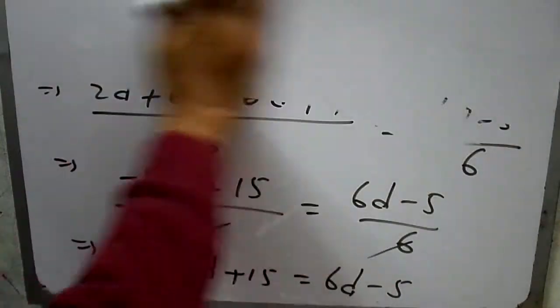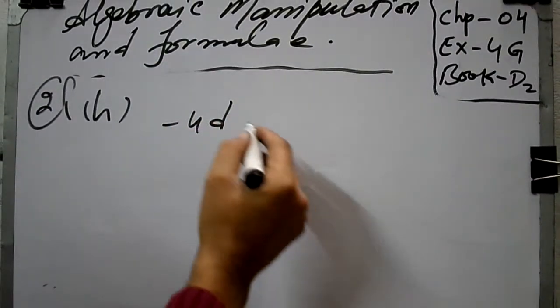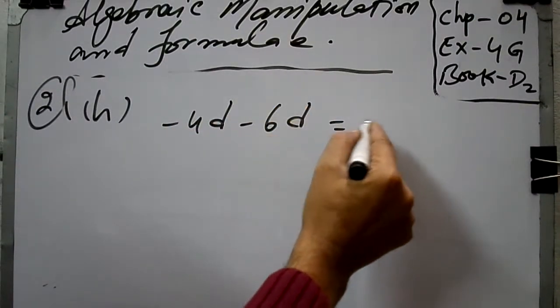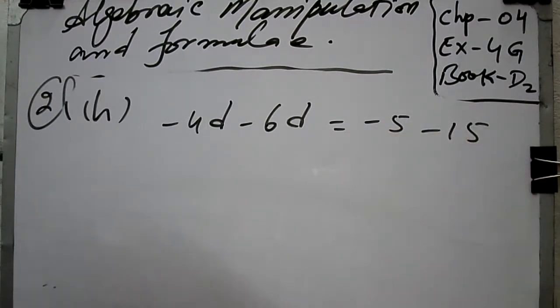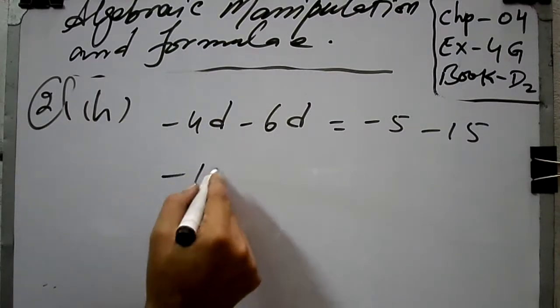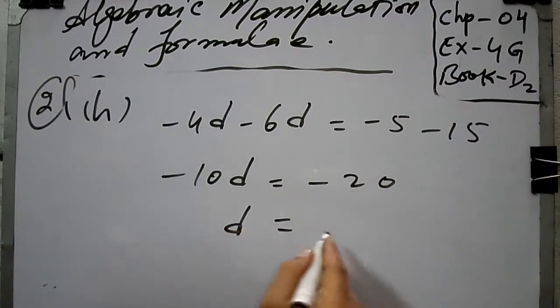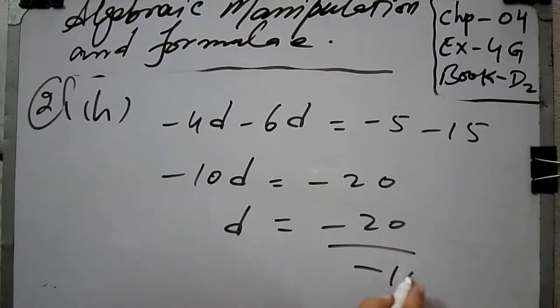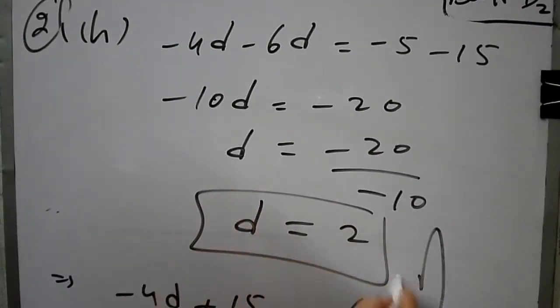Due to limitation of time, you can see here minus 4D shifted here, minus 6D is equal to minus 5 and minus 15, because the constant term we have shifted to one side. So now you can see minus 10D is equal to minus 20, but we need the value of D, minus 20 by minus 10, so the value of D is 2, 10 twos are 20, so that is your result.